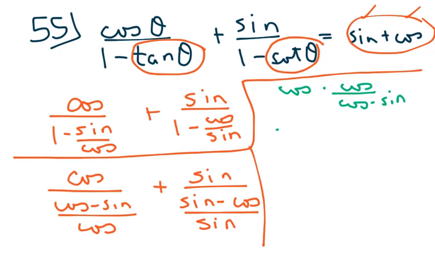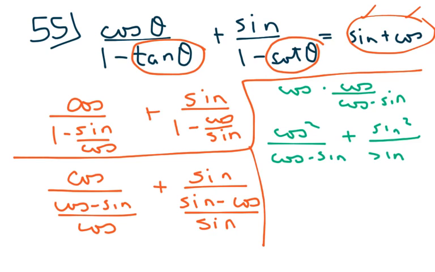So we get cosine squared over cosine minus sine plus sine squared over sine minus cosine.